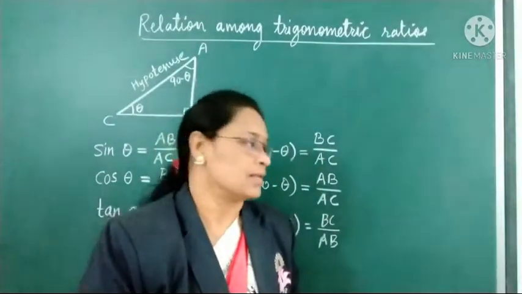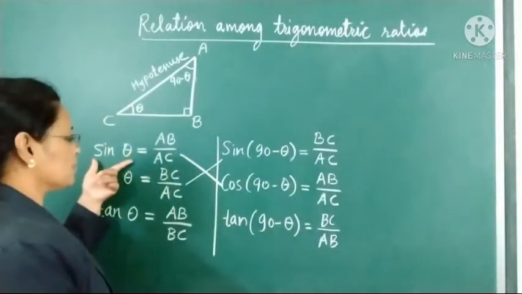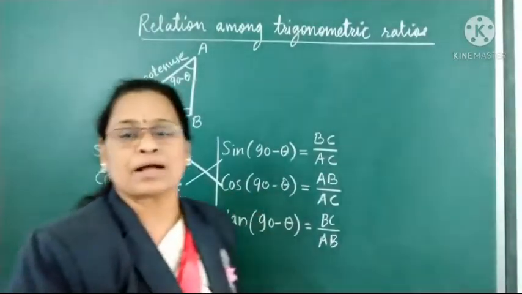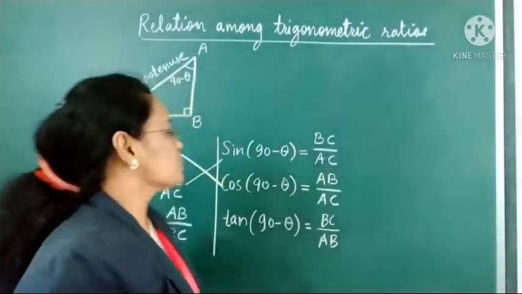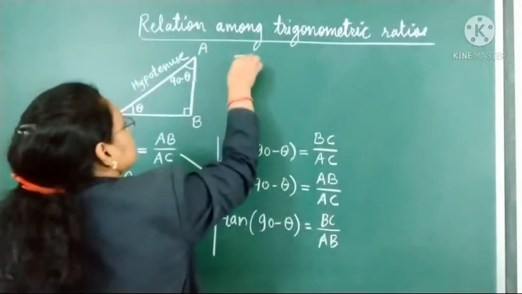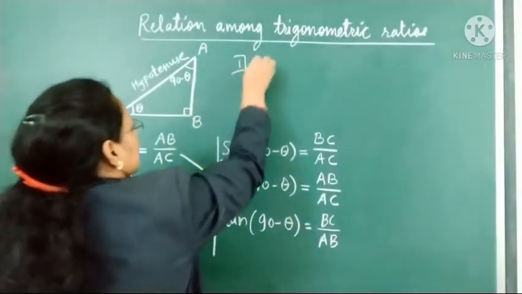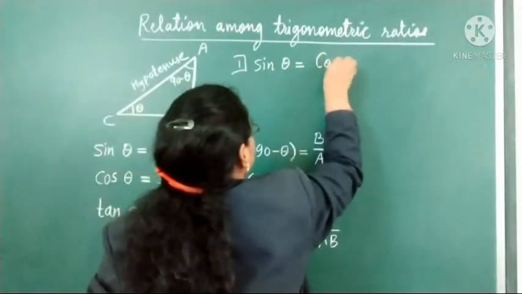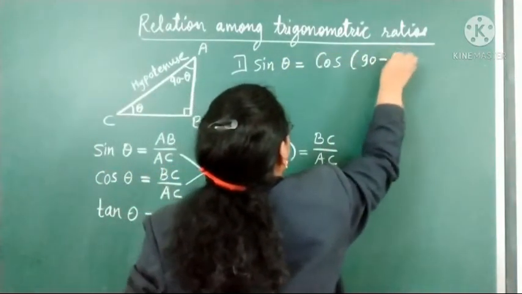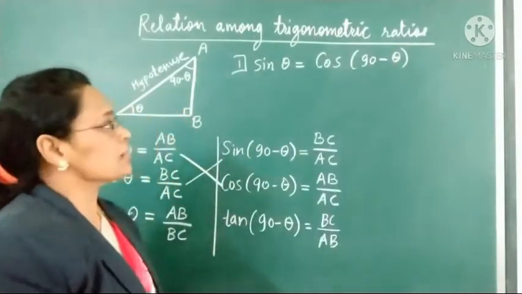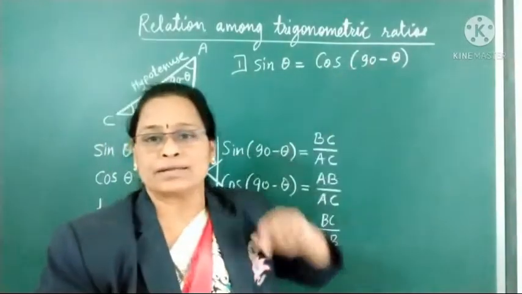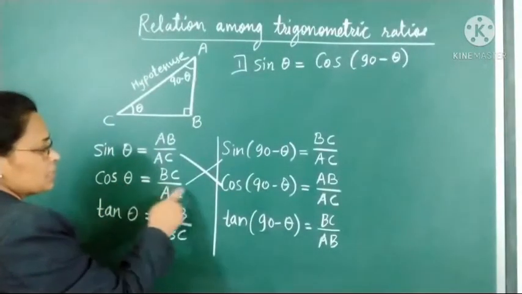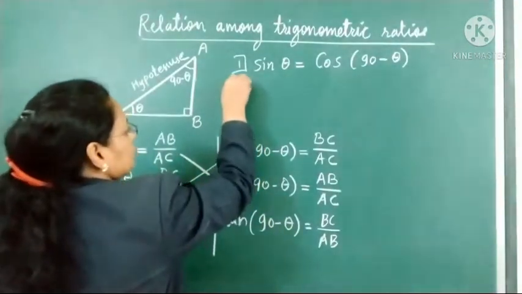Here we get the first relation between sin and cos, that is sin theta is equal to cos 90 minus theta. Similarly, we can say cos theta is equal to sin 90 minus theta.